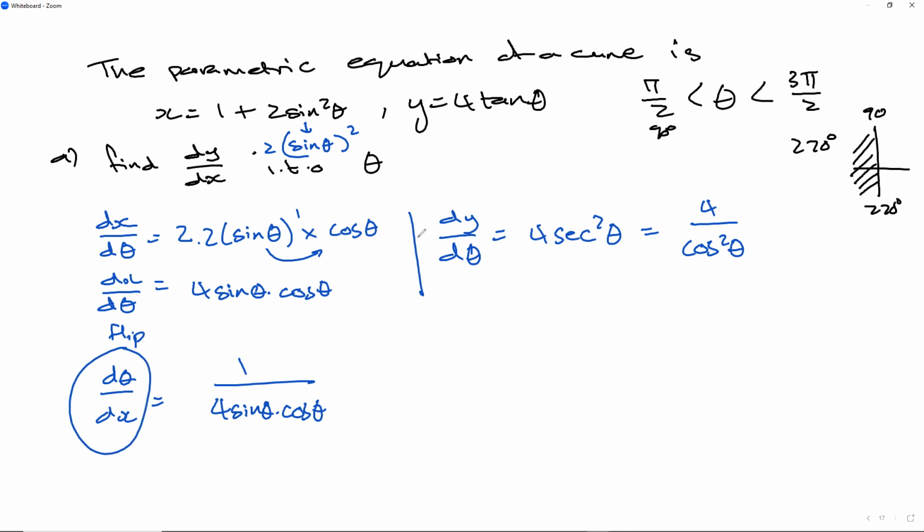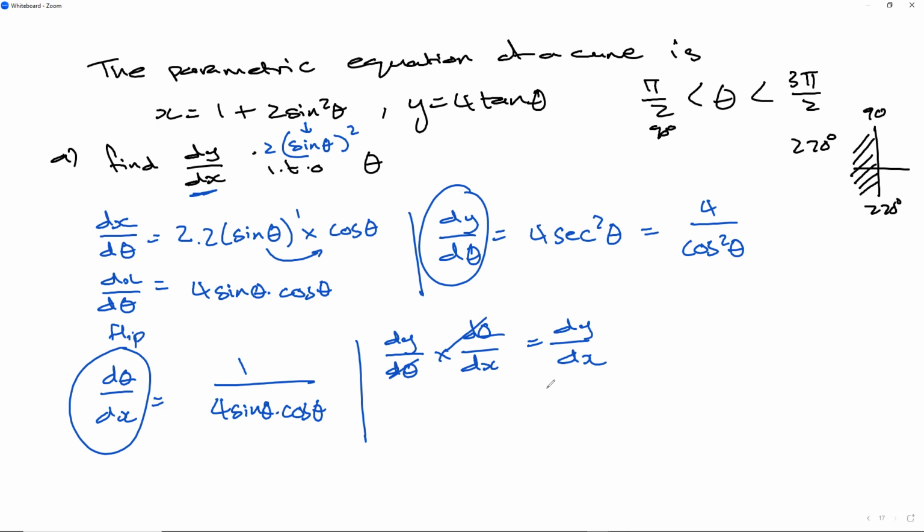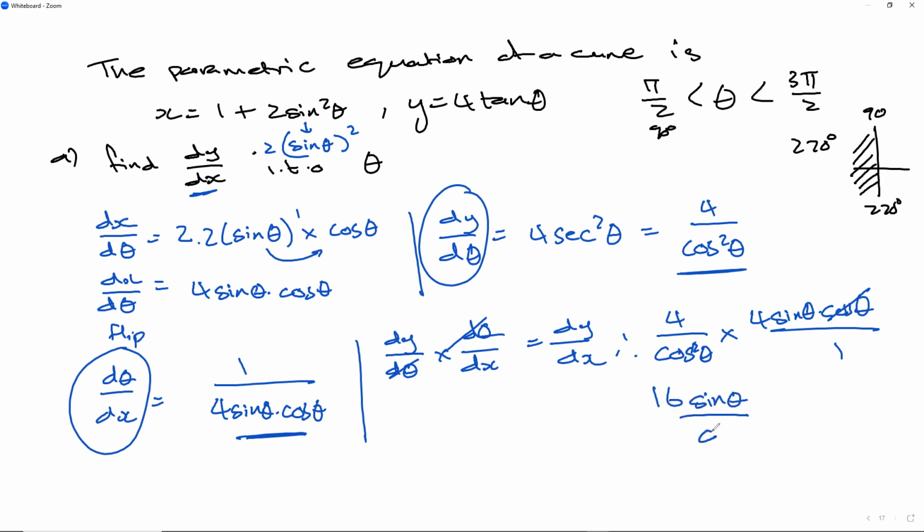And if I multiply these two together, dy over d theta times d theta over dx, I'll be left with dy dx, which is what I want to find. So I have to multiply those two together. And so therefore I got 4 over cos squared theta times 4 sine theta times cos theta over 1, and that becomes 16 sine theta over cos theta, which is tan. So it'll become 16 tan theta.